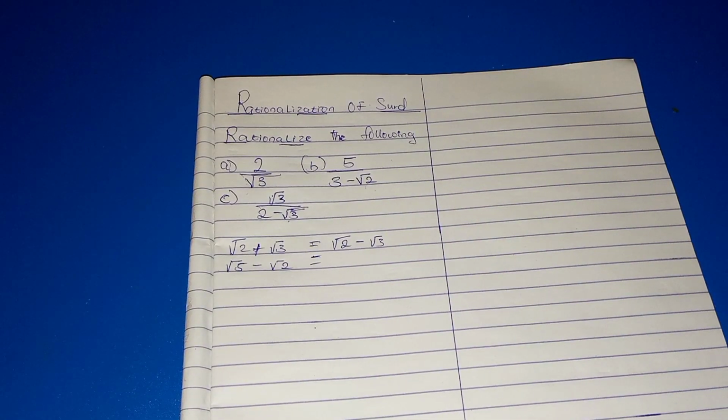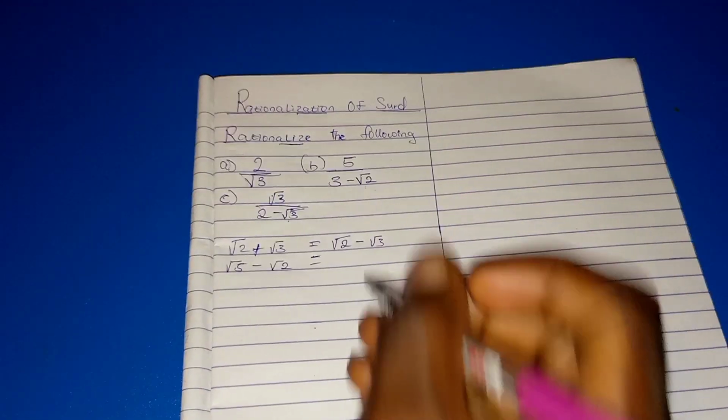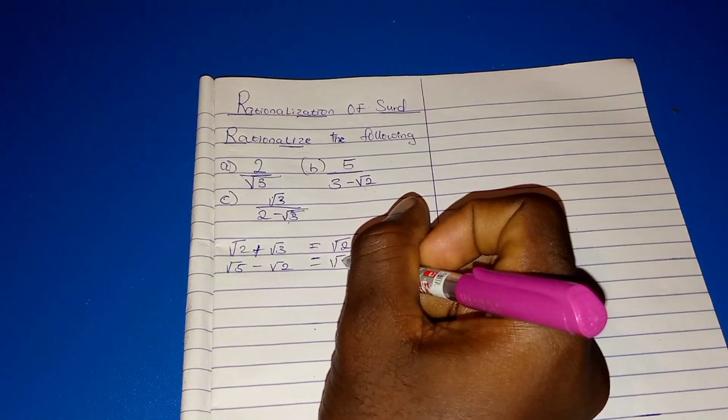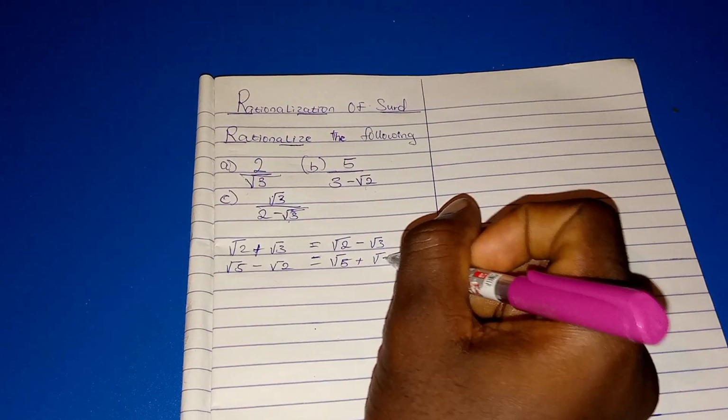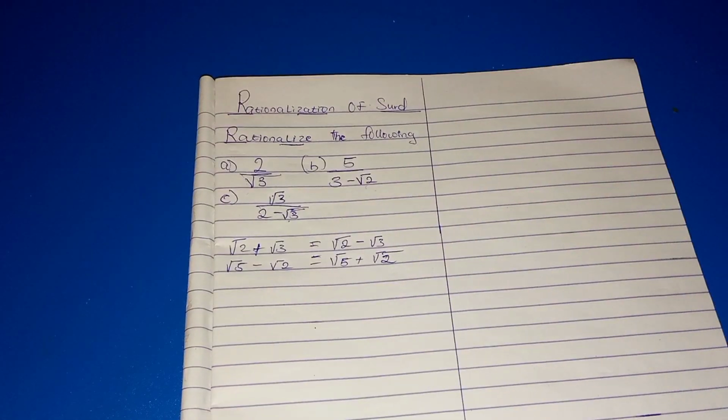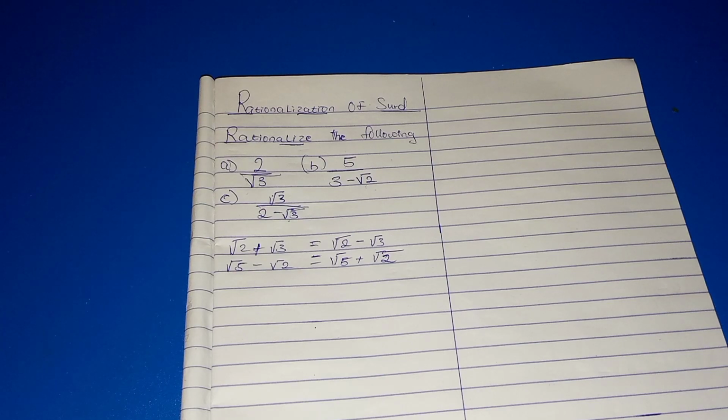That is the opposite of the actual sign. This other one would be root 5 plus root 2. So, going back to the definition, we rationalize a given expression by multiplying both the numerator and the denominator by its conjugate.